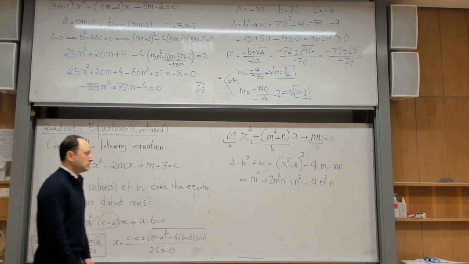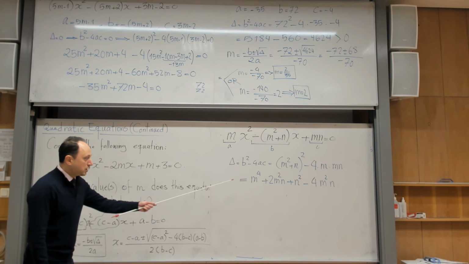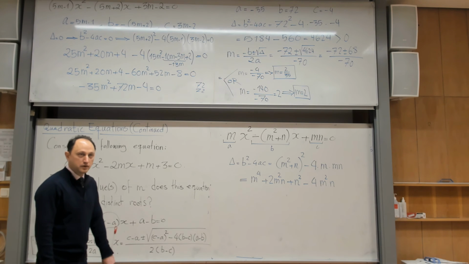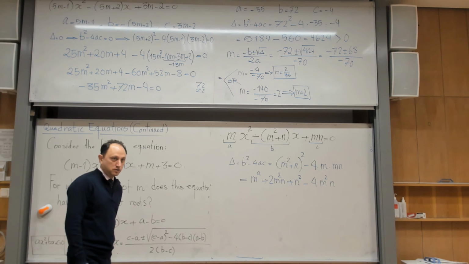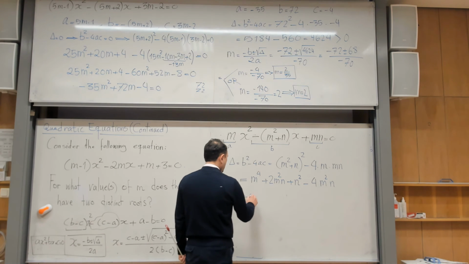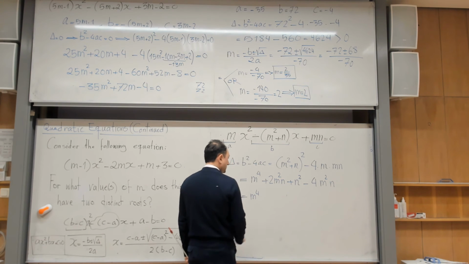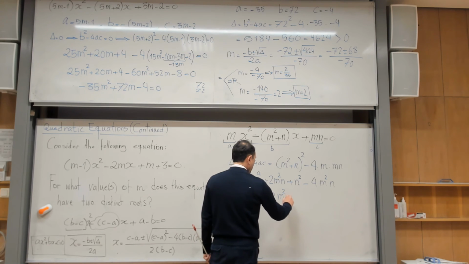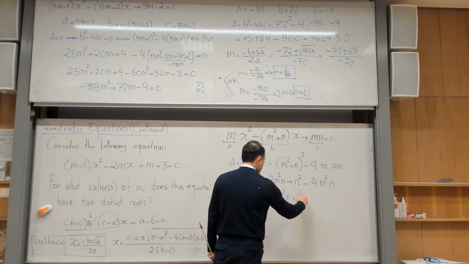Yes? But of course I will not stop here. I will continue. The next step is very clear. These two are similar. So it becomes m to the 4 minus 2m squared n plus n squared.